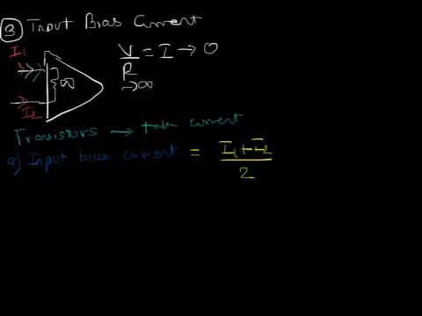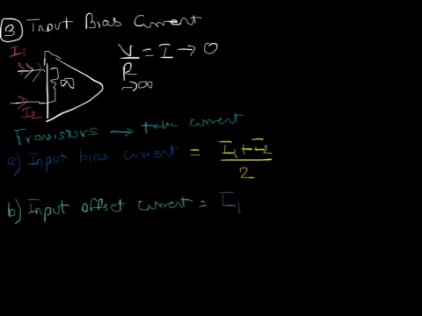The other parameter which is based on the currents to the op amp is called the input offset current. The word offset basically means difference, and so the way that is defined is I1 minus I2.